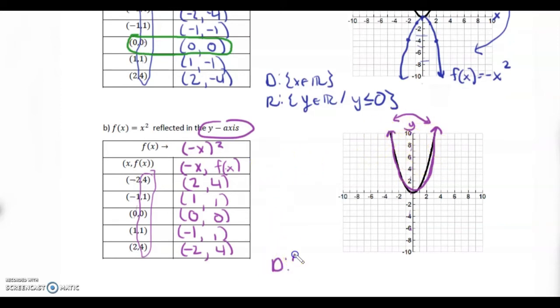So our new domain is going to be x ∈ R, which is the same, and our new range is going to be y ∈ R such that y is greater than or equal to 0, right? It's like that point here, because we go up, and that's the same as well.